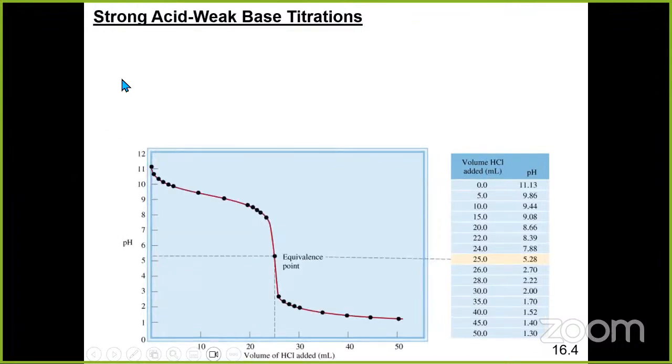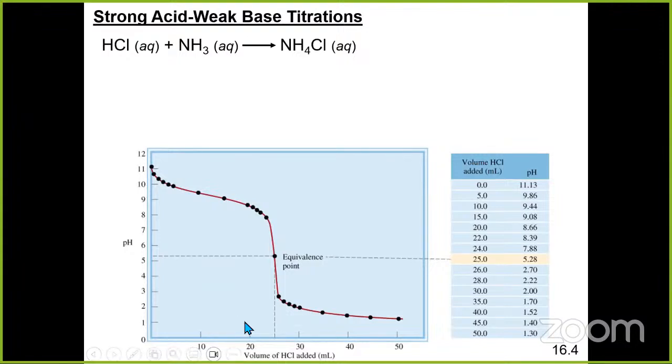This is showing you what happens in the case of a strong acid, weak base titration. Now, the strong acid would be hydrochloric acid in this case, and the weak base would be ammonia, and they will react to give ammonium chloride. As you can see, the titration curve is switched a bit, and the reason for that is that, for some reason, whoever put this together decided to do the titration such that the hydrochloric acid is in the burette and the base is in a flask.